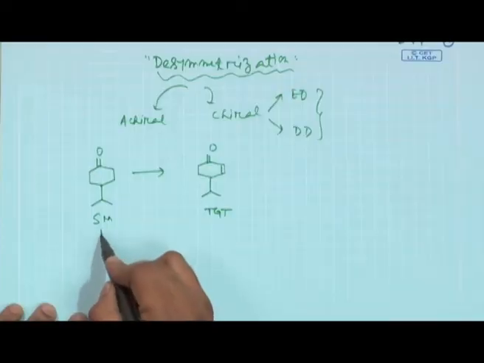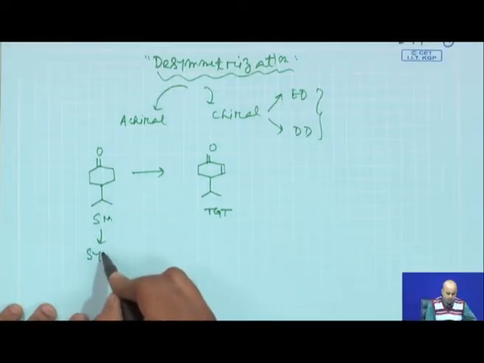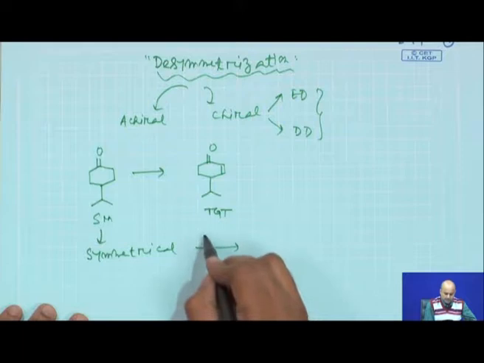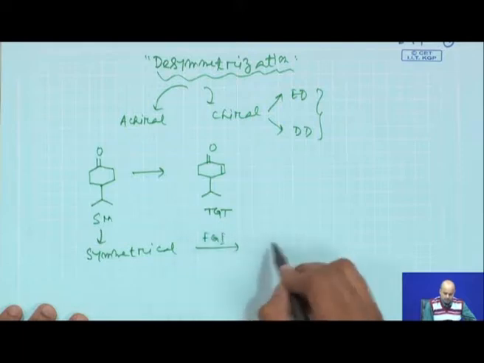In principle I can give you a series of problems where a symmetrical starting material is given to you, and you need to do some FGI to desymmetrize the molecule.